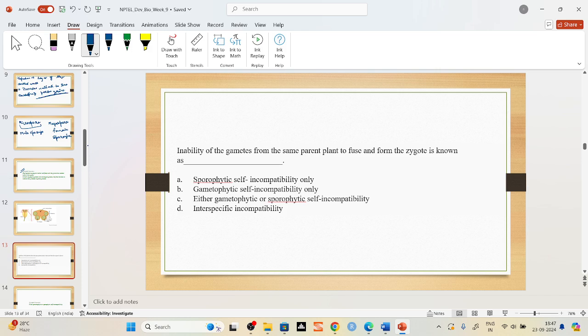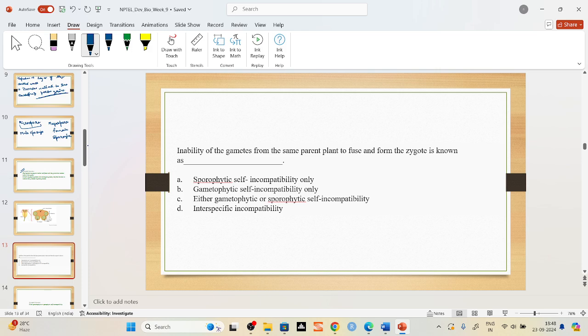Okay. Now let us try to solve this question. What is this inability of the gametes from the same parent to fuse? This is known as self incompatibility. The inability of gametes from the same parent to fuse and form a zygote is known as self incompatibility. Now, this self incompatibility can be of two types.